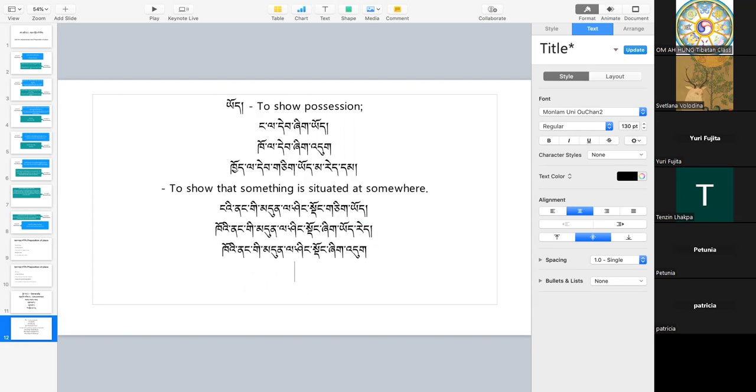And then another clarification. So yesterday we had this one sentence that says, in this case, we're not referring to the person.